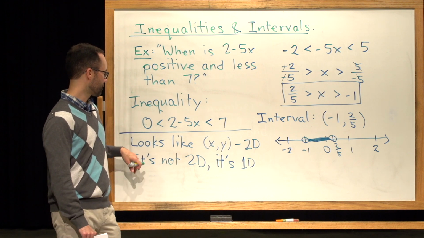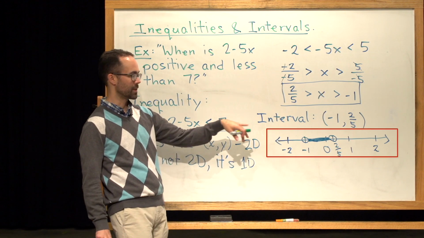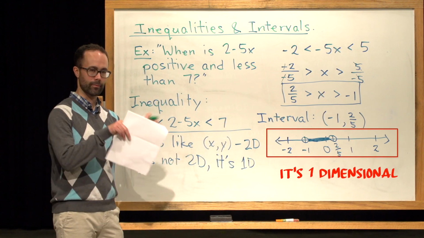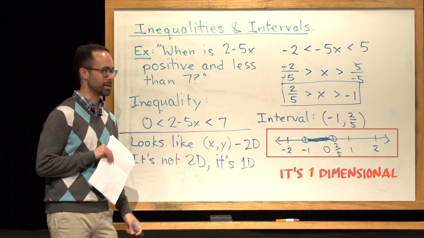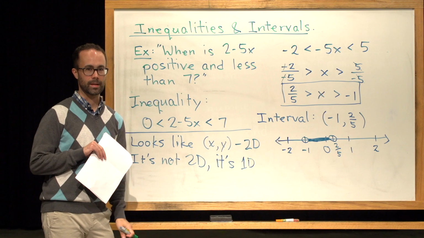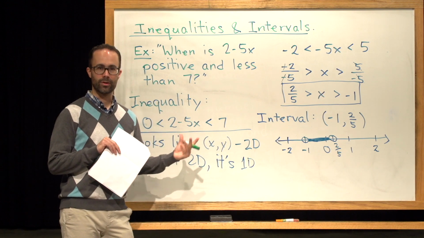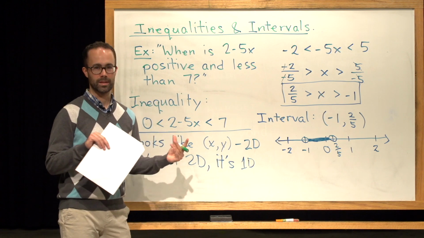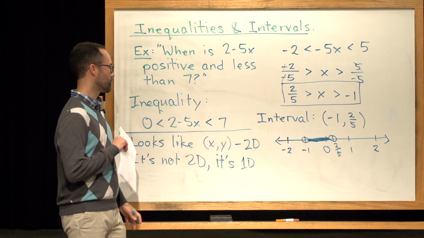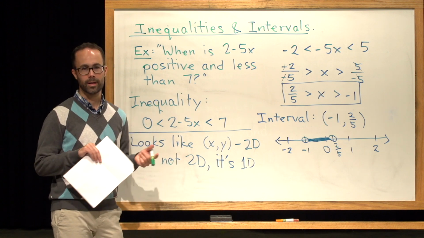But for intervals, it's really important to remember it's not two-dimensional, it's one-dimensional. So having this picture makes that extra clear. We have a region in one-dimensional space that's an interval. It's not a two-dimensional point in space. And unfortunately, they look like each other. The notation that got chosen here wasn't the best. So what you should do when you're reading through problems in this area is check the context.